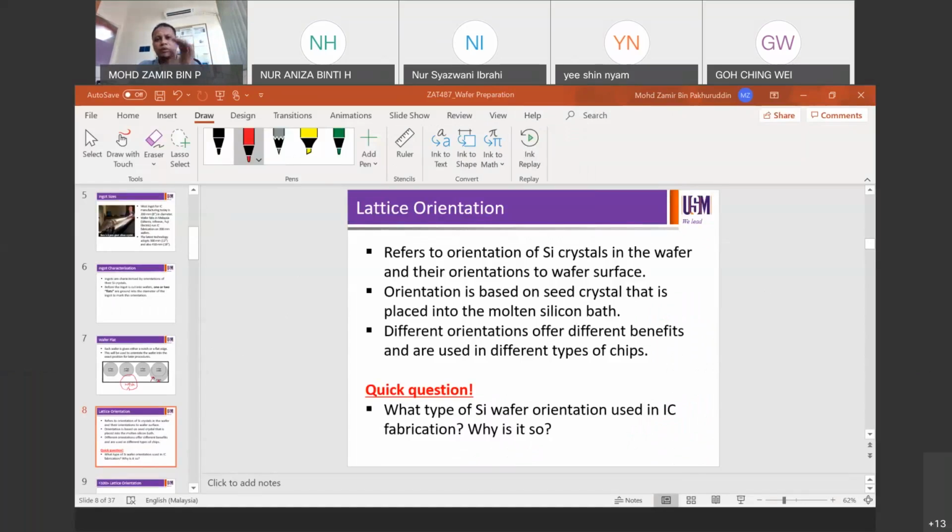If you compare the mobility for 100 and 111, yang mana lagi tinggi? Mobility of electron, for example. If you talk about 100 versus 111 for silicon, then yang mana lagi tinggi mobility? We learned last time in 386. 100 or 111 or some other orientations?